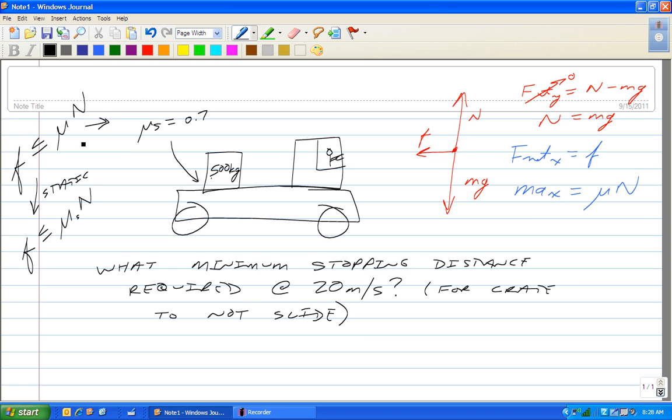But when it's kinetic, when it's actually sliding, we know that it's equal to the kinetic mu times normal. Now, oh okay, yeah, because we said right was positive, so this is negative F if right is positive.